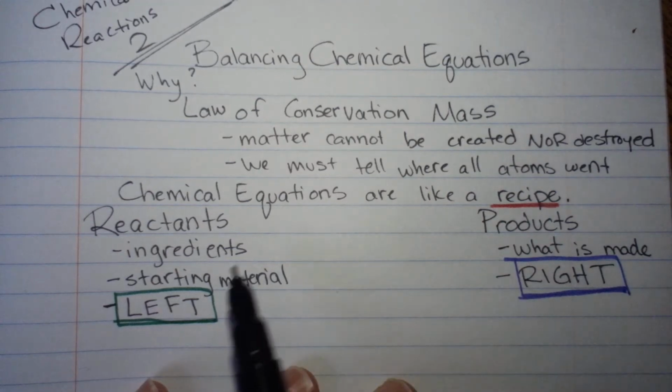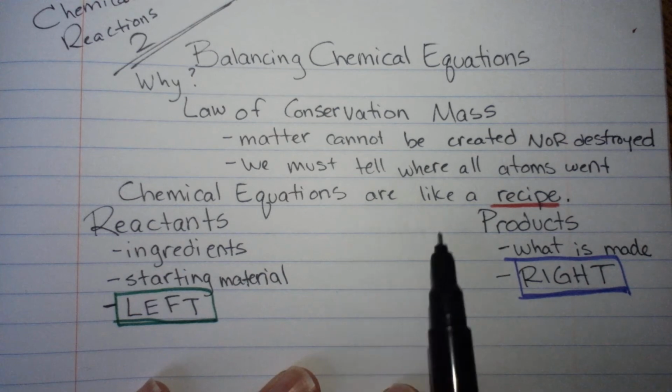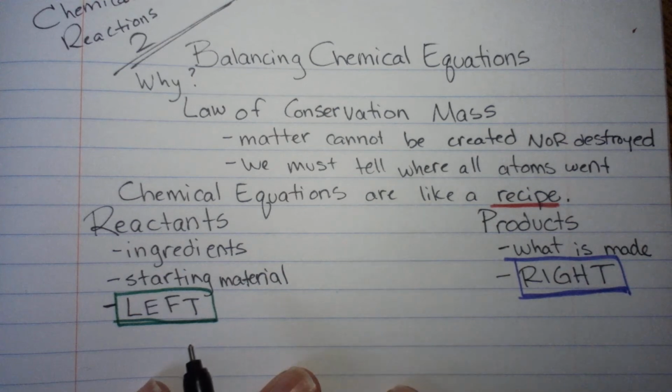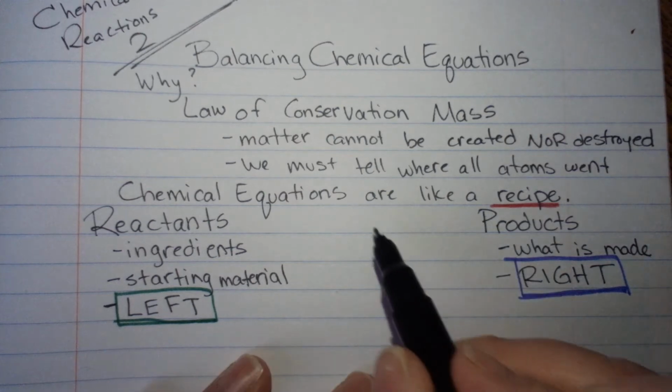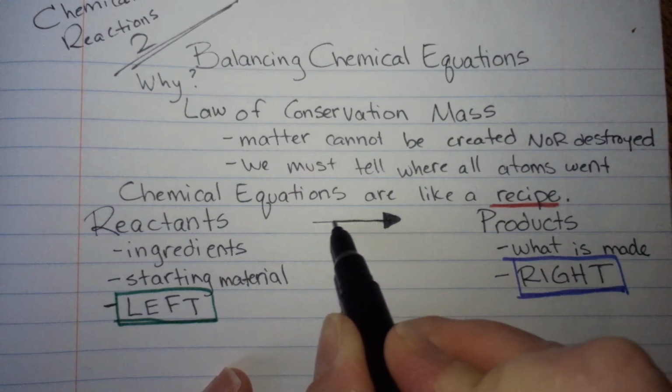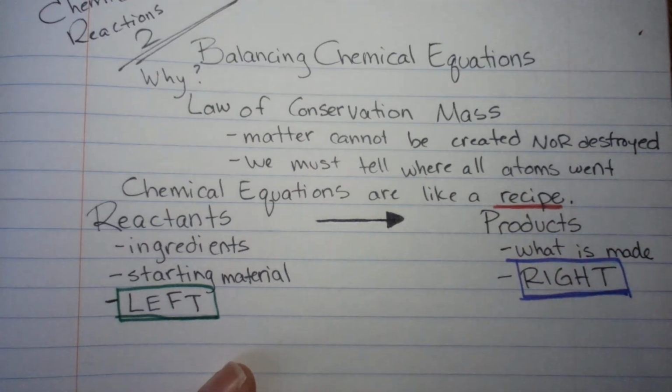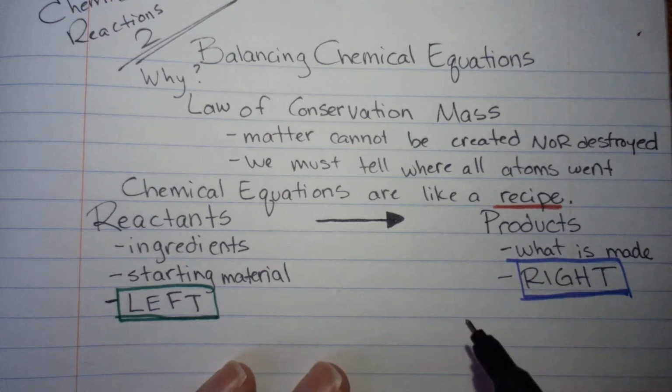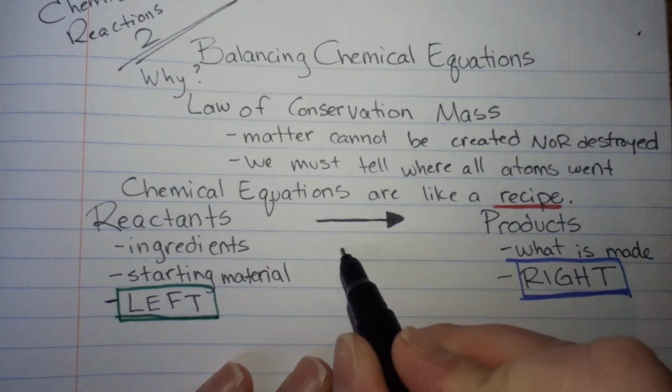When I look at a chemical equation, we have reactants, and then what's in the middle? For making something, it's put it in the oven, put it in the refrigerator, let it sit, let it chill. What is the middle? We have this. So this arrow is the yield sign.